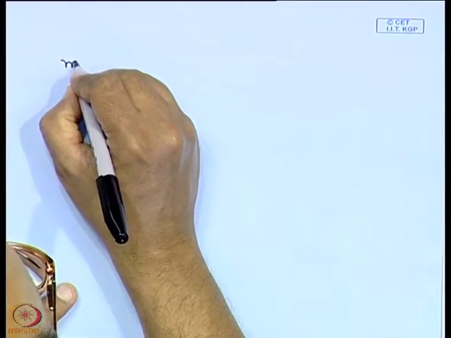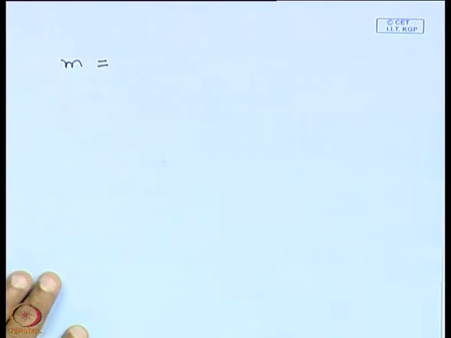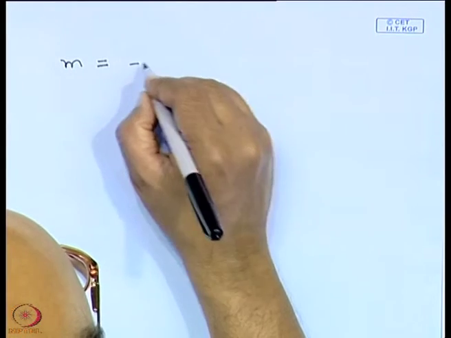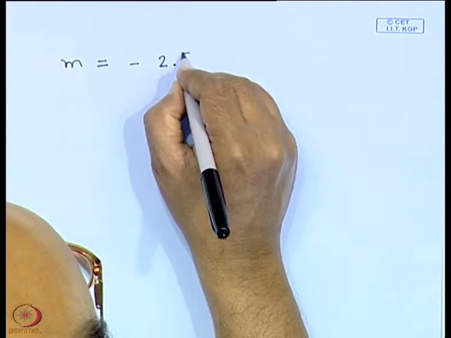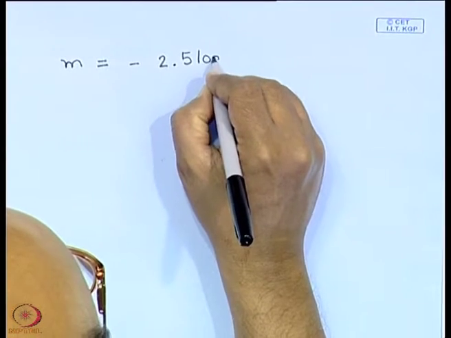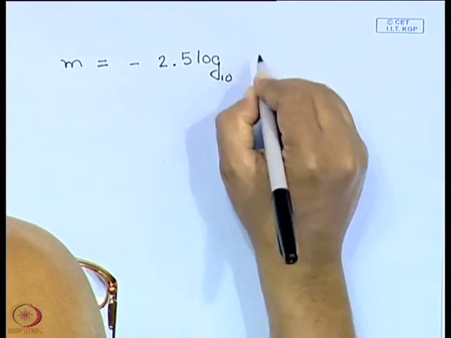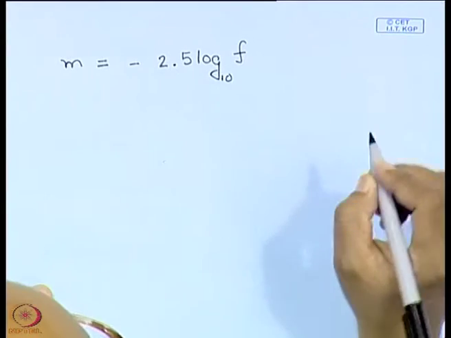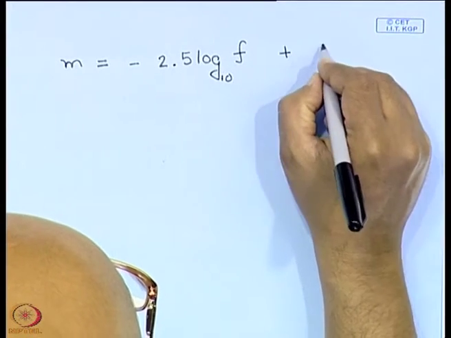Okay. And it was later found that these magnitudes are related to the flux by this relation. So, the apparent magnitude is related to the flux like this: minus 2.5 log base 10 of the flux plus a constant.